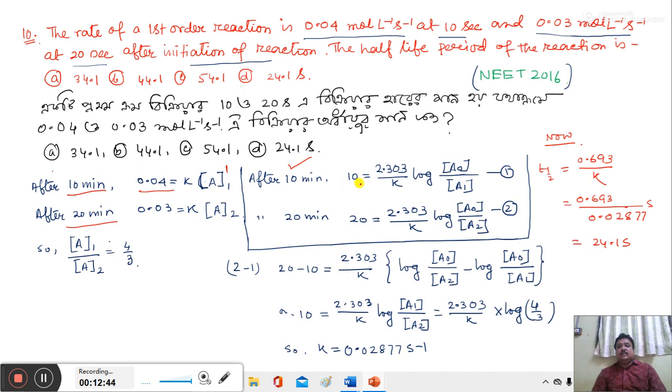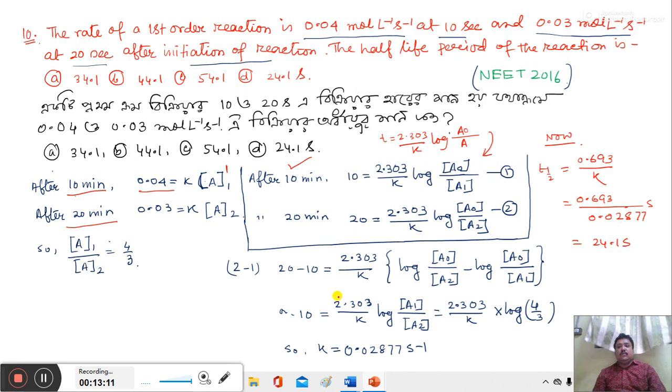After 10 minutes we know T is equal to 2.303 by K log of A0 by A. By using this equation we get T is equal to 2.303 by K log of A0 by A1, and after 20 minutes, 20 is equal to 2.303 by K log of A0 by A2.